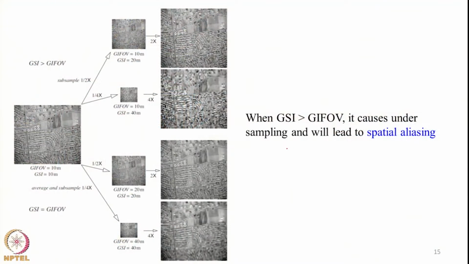We have seen an example where GSI size was smaller than GIFOV, but can the reverse also happen? Yes, it can happen. That is, the sampling, the GSI, can be occurring at a larger distance than the GIFOV. We will see an example for that. Let us take an example. We have data arranged like this.